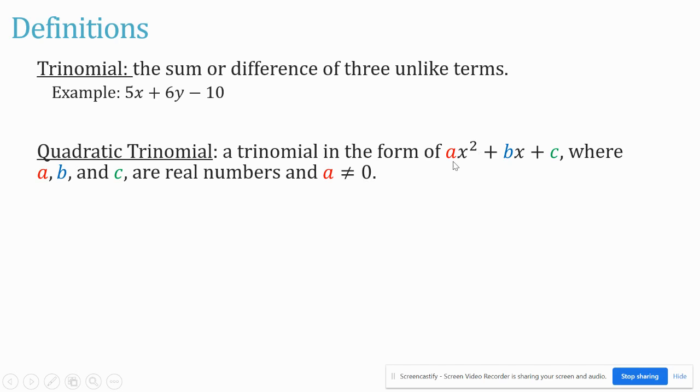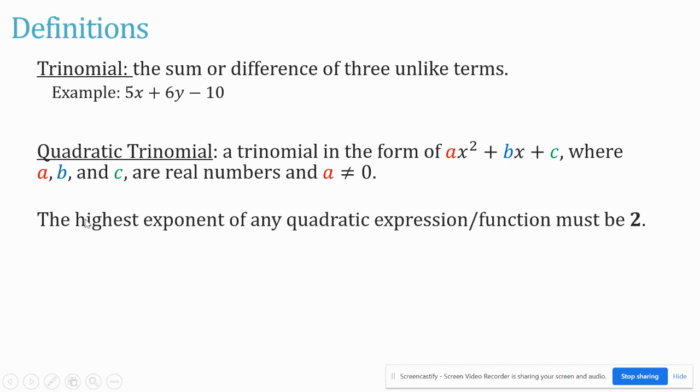So the key here is this x squared and a not being 0 because this needs to be a real number. The highest exponent of any quadratic expression or function must be 2. So if it does not have an exponent of 2, it is not quadratic. That's very important. If it has an exponent of 3, it's something else. If it has an exponent of 1, it's linear. The highest exponent has to be 2.